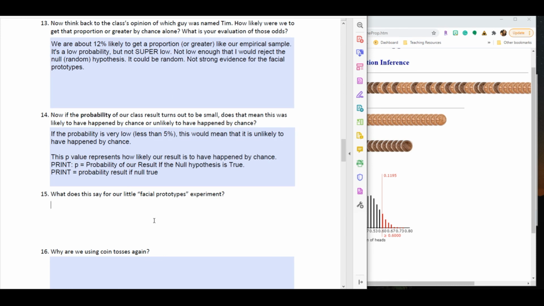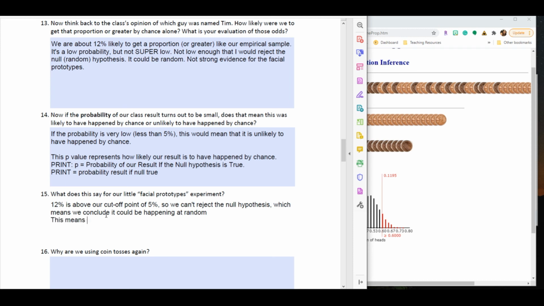So in this case, we got 12%. 12% is above our cutoff point of 5%, so we can't reject the null hypothesis, which means we conclude it could be happening at random.